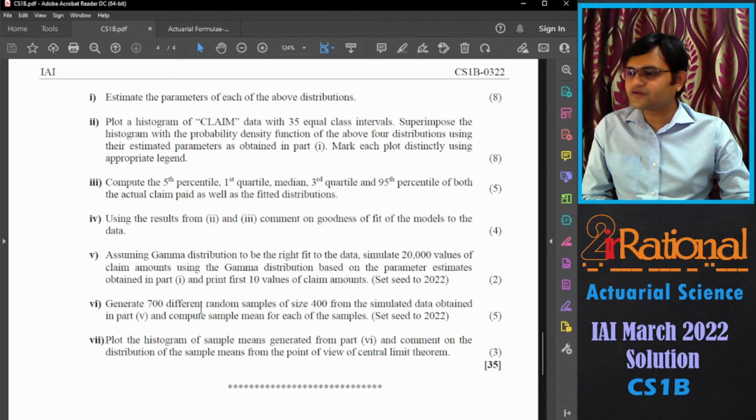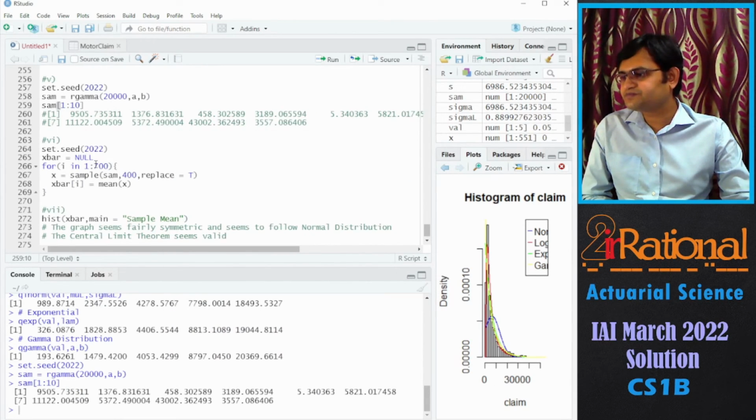Next, generate 700 different random samples of size 400 from the simulated data obtained in part 5 and compute the sample mean of each of those samples. Set seed to 2022. So again, set.seed, and now we have to create 700 samples. So we'll use a for loop.